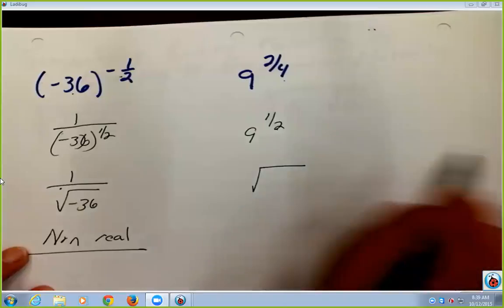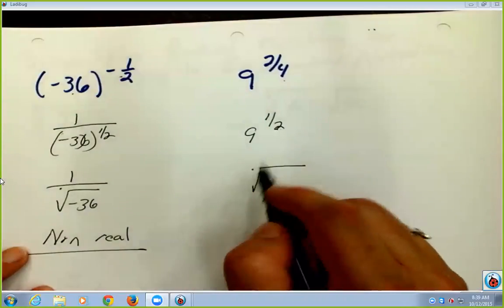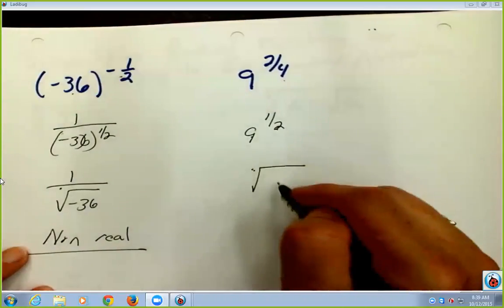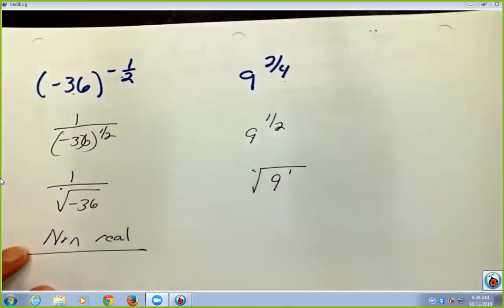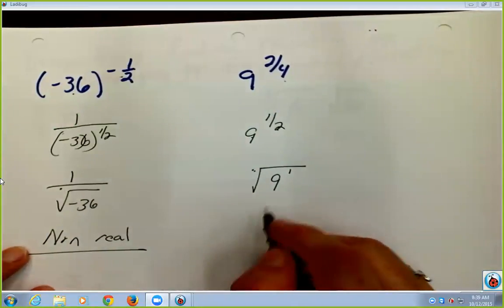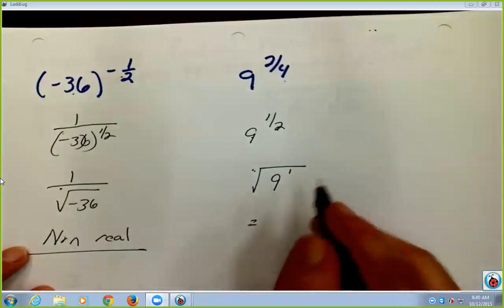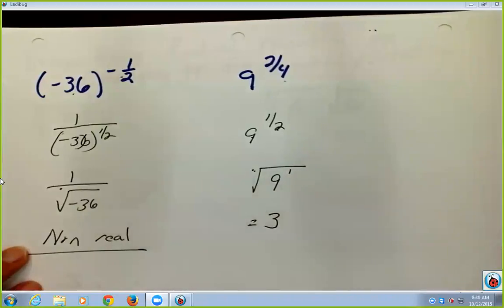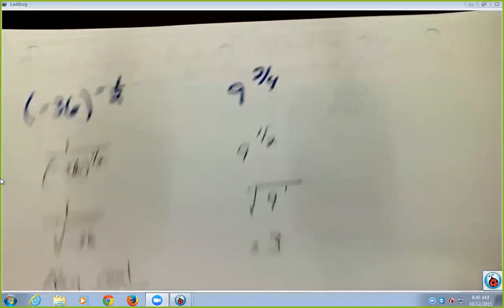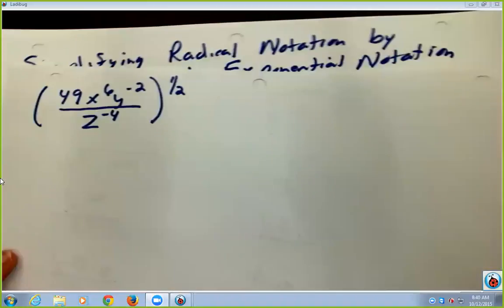Turn it back into radical form. Index is 2. Base is 9. Raise to the first power. What's the square root of 9? And we probably all know that one. Ends up being a 3. Okay, so it ends up being a 3. The manipulation of these is, I think, tougher than probably what math you happen to have in them.